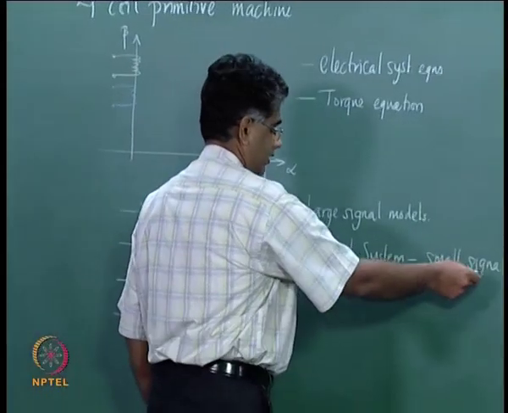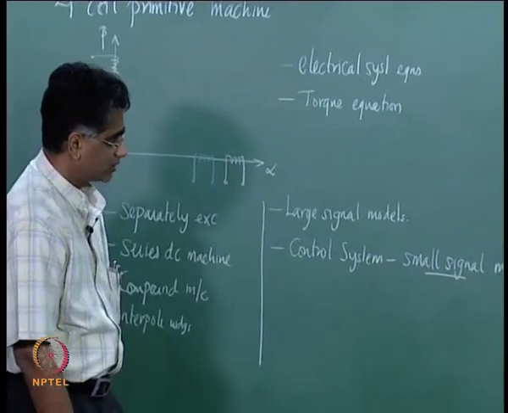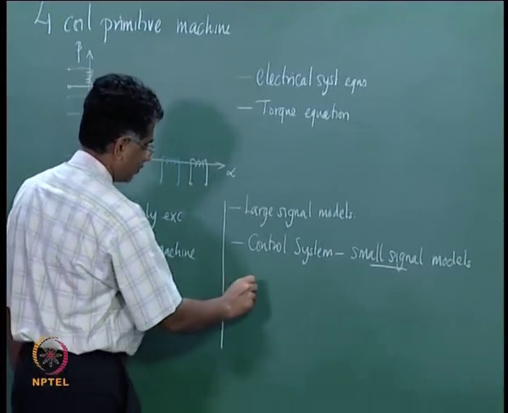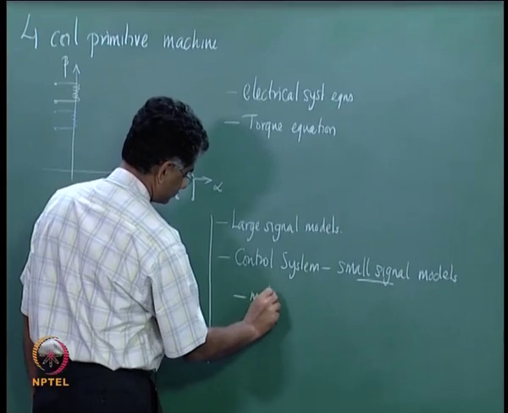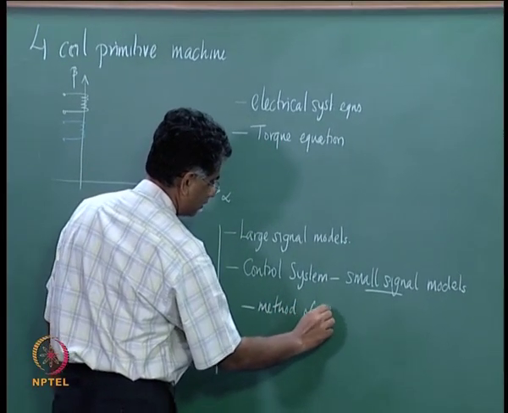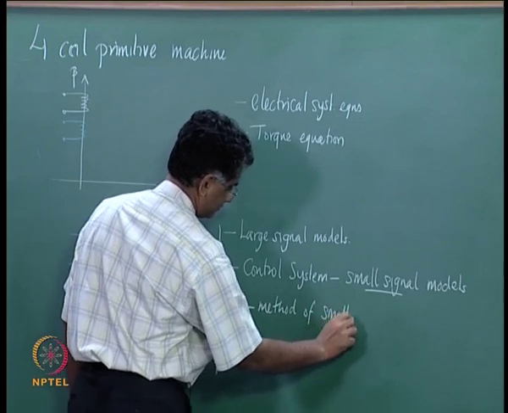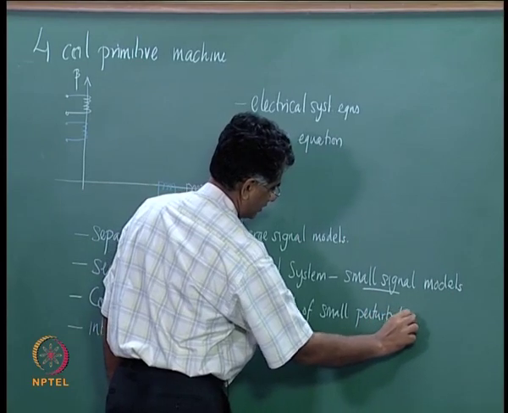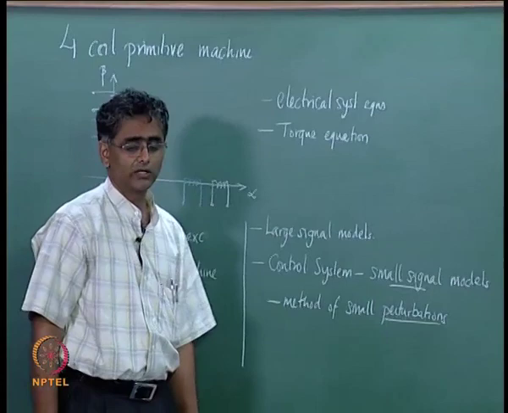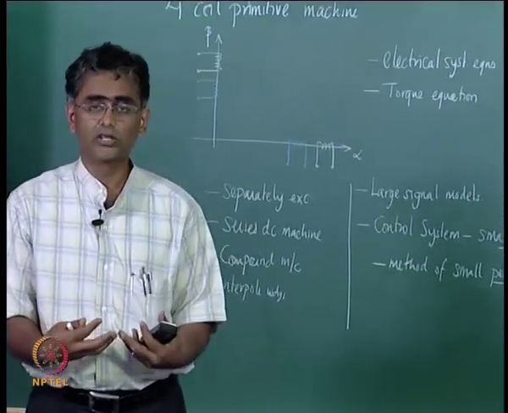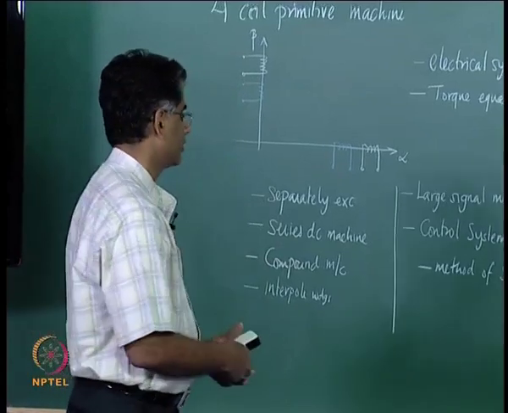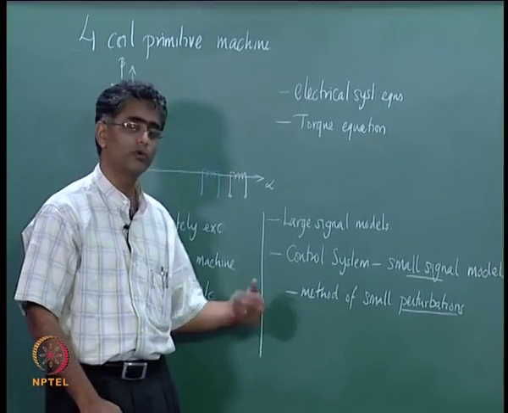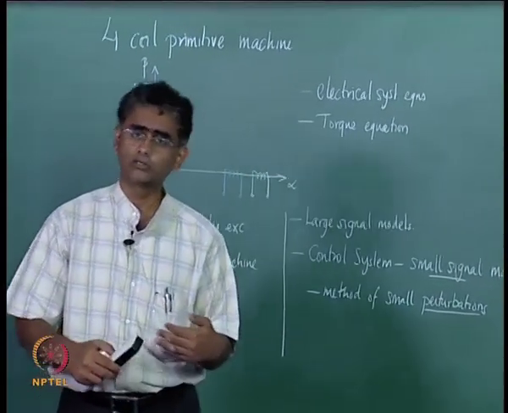And we started looking at what these small signal models are. Small signal models are obtained from large signal models by certain approximations. One can use the method of small perturbations, which are essentially disturbances that you apply to the input signals to the machine, and in response to these small disturbances the output variables of the system also show some disturbances.